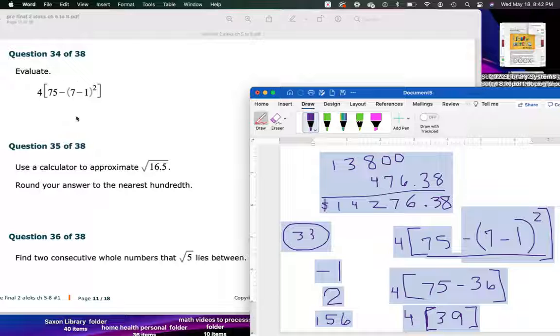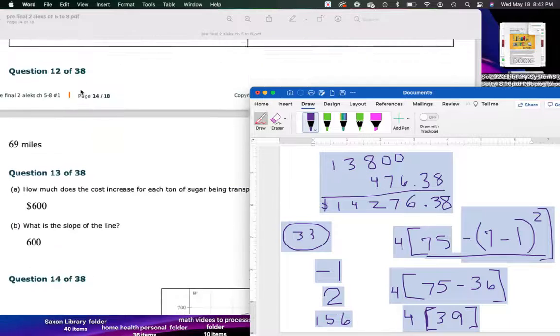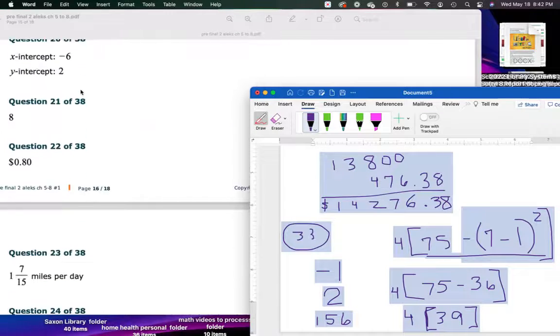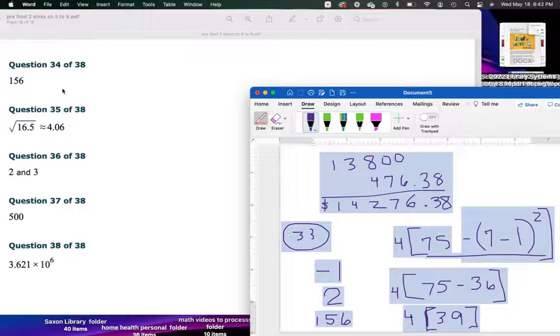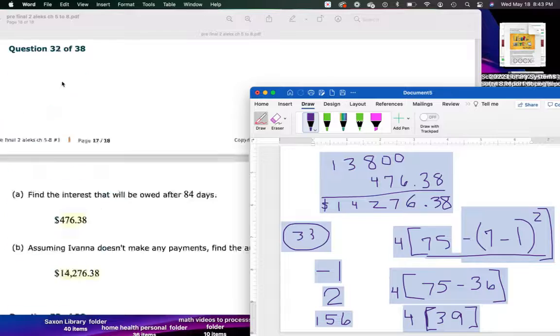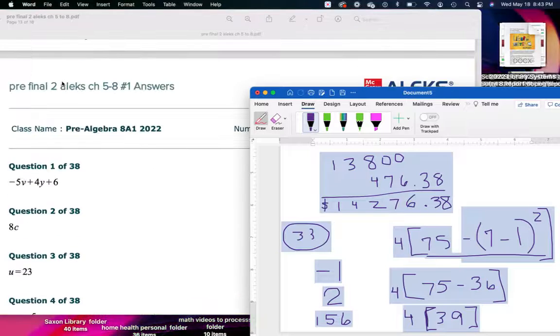So question 34 should be 156. So we can come over here to question 34 and see if it is 156. It is. 34 is 156.